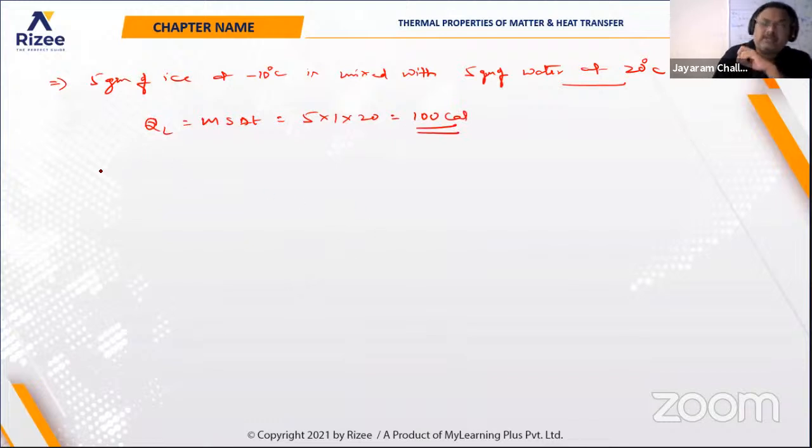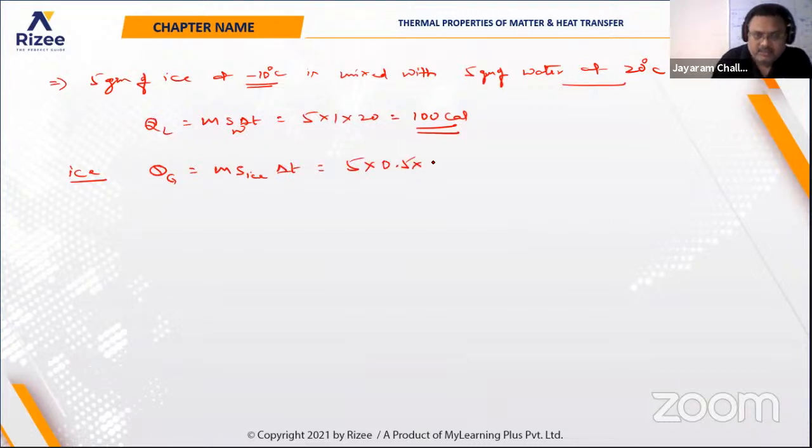So who is going to take this heat? The ice is going to take this heat, and with these 100 calories, what will the ice do? There are two steps. First, it can come from minus 10 degrees to 0 degrees. For that, how much do you need? m into specific heat of the ice into delta T. Mass is 5 grams, specific heat of the ice is 0.5, and change in temperature is 10 degrees.